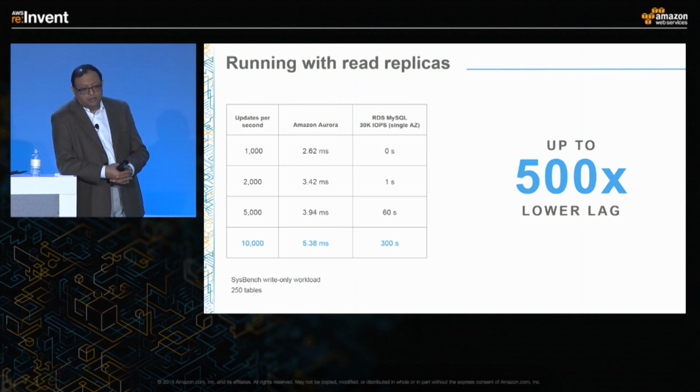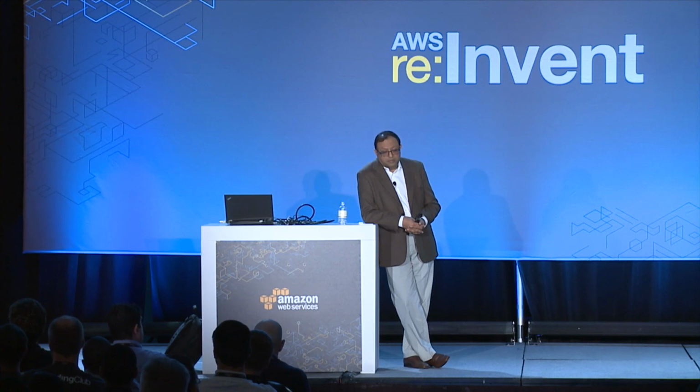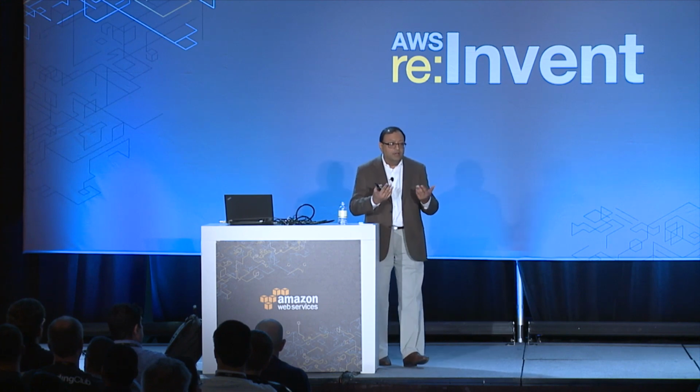And you can see that going from 1,000 updates per second up to about 10,000, we're relatively stable at about 5 milliseconds of replica lag. Whereas MySQL is going from a few milliseconds out to over 300 seconds. We actually didn't go higher on that because it just went basically infinitely bad at that point.